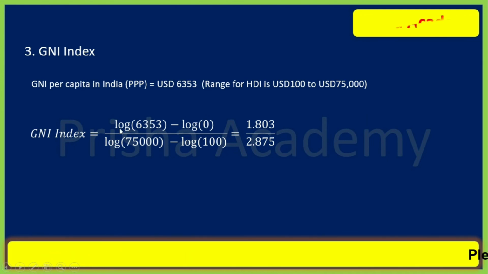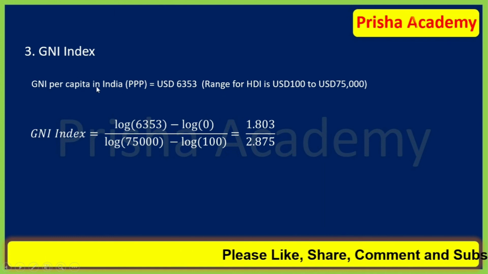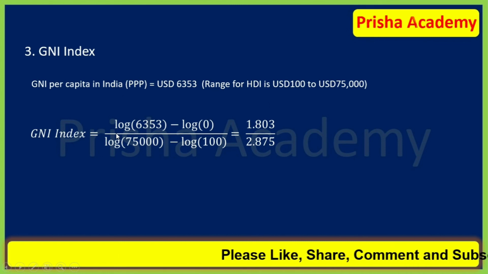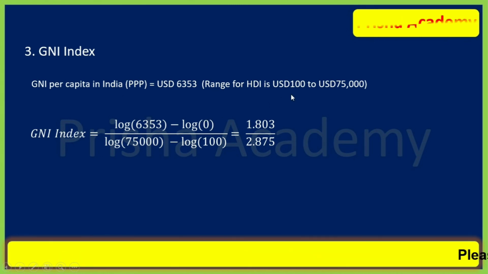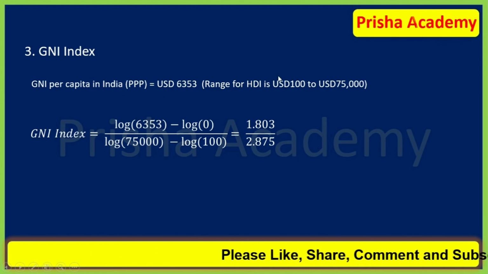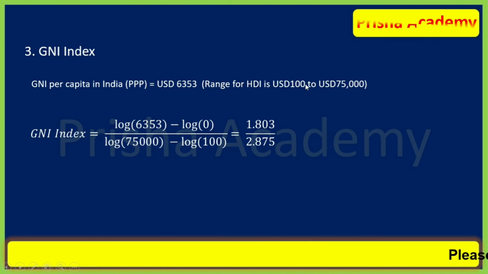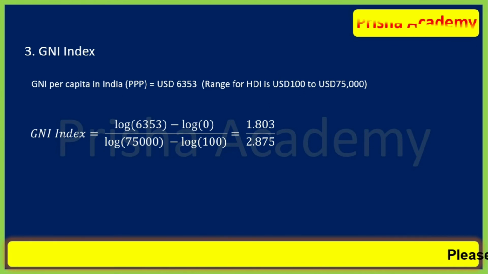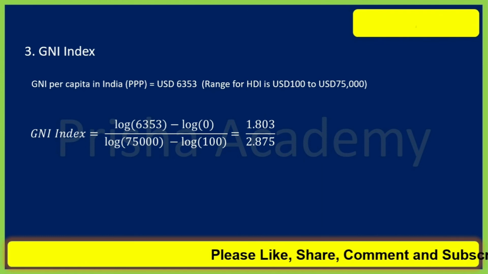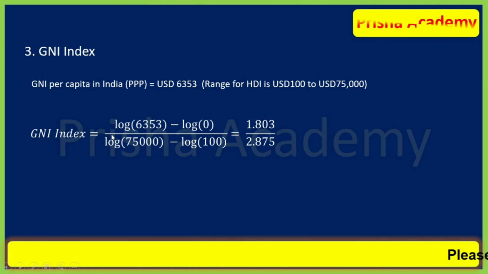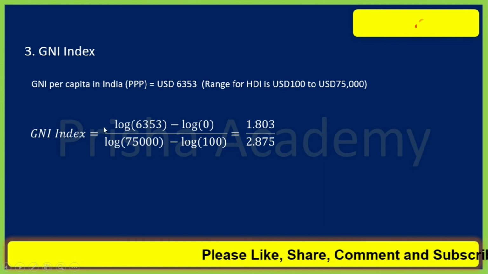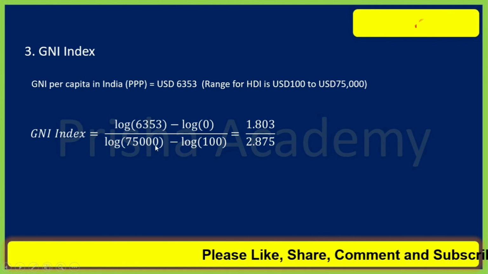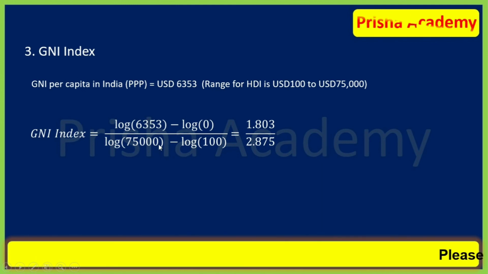Why have they taken log instead of a simple average, which we were doing in the other two indexes? Because UNDP said that if a country's average per capita income is USD 100, then for them an additional 100 in per capita income will have much more impact on development than for another country whose average income is 75,000, where an increase of 100 will not have the same impact.